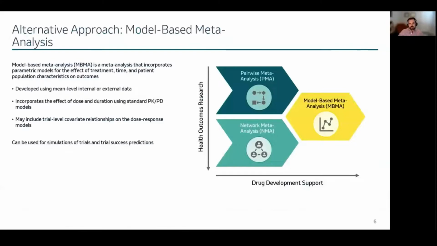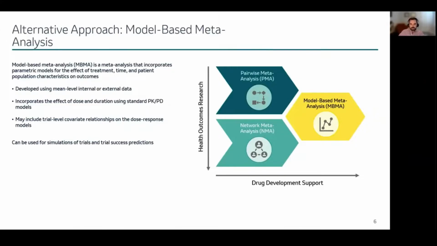But today we'll be discussing an alternative approach for development, and that's called model-based meta-analysis, or MBMA. This is an analysis that incorporates different models to account for the effects of treatment, time, patient population, and other variables on an outcome. It incorporates the effect of dose by tying in our standard PK/PD models, and it could also include trial level covariate relationships to account for between trial differences and patient populations.